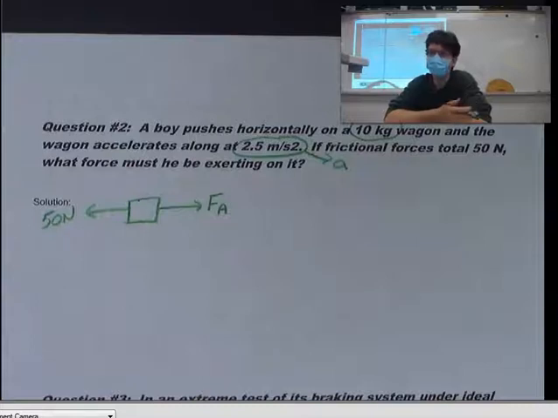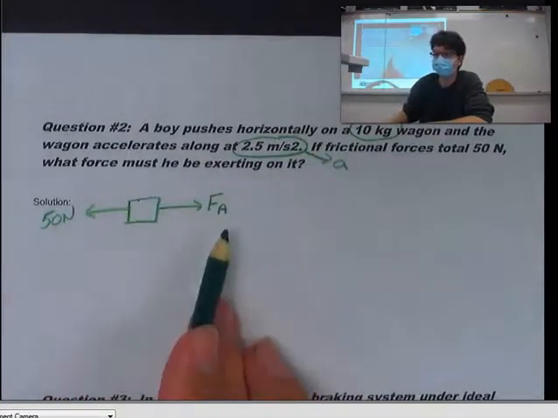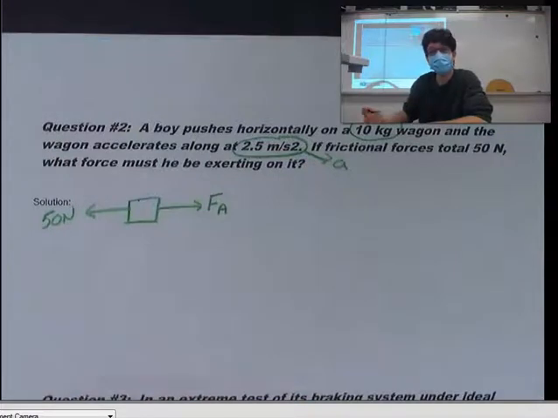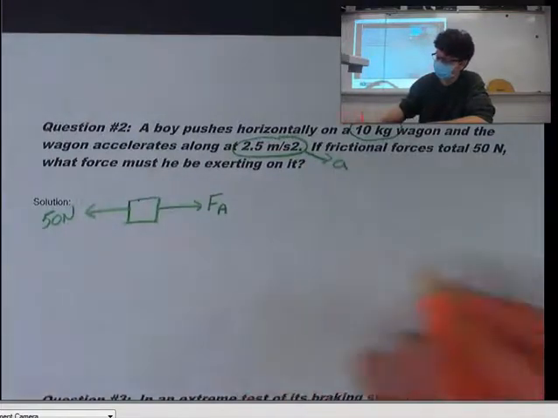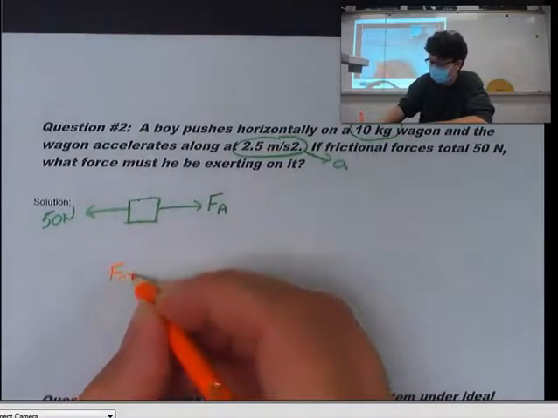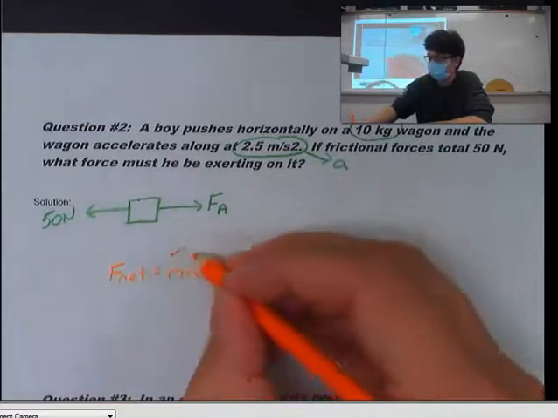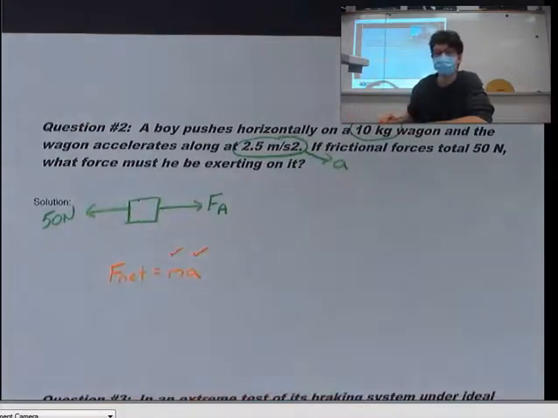All right, so now we're going to work backwards. Okay, I can't solve for net force because I don't know what the applied force is. But I already have acceleration. So let's jump over to Newton's second law, which says F net equals ma. I have mass and I have acceleration. So I can figure out what F net is.